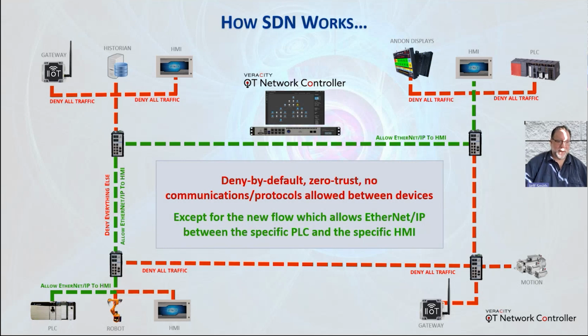The controller is going to calculate the fastest path between those 2 points, and it's going to lay in what we call flows. So now, in those 3 switches along the path, and I'm pointing at my screen, so you guys will see me do that with this camera. You'll see me pointing at you the whole meeting. It added the necessary flows to allow that to talk. Nothing else on the network can talk. So I could try to ping that PLC from that HMI.